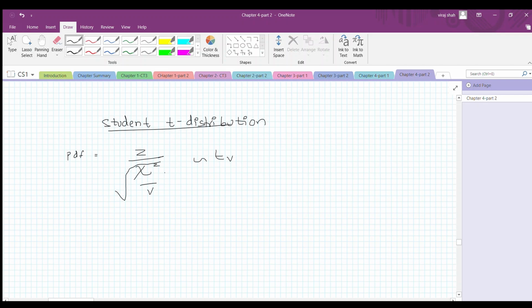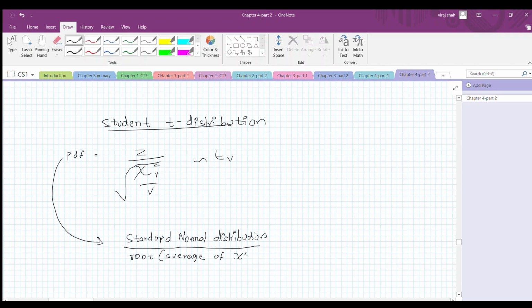Okay, so basically, if I were to write in words, Z is my standard normal distribution, which is divided by the root of the average of chi-square.